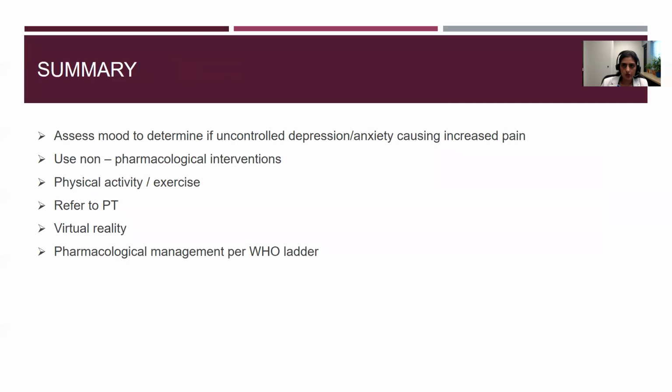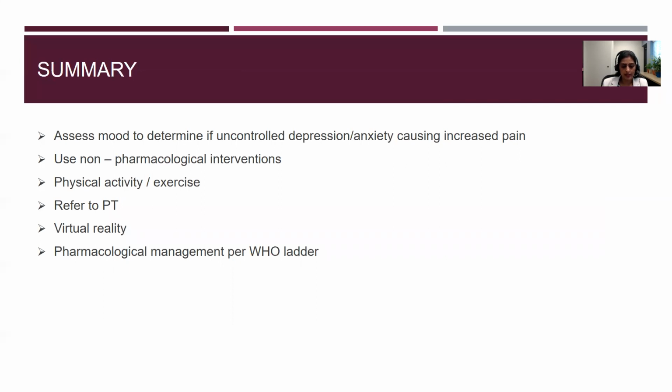So in summary, just going over our discussion, one thing that I will mention is always assess a patient's mood to determine if uncontrolled depression and anxiety is contributing to this increased level of pain if they start having that at all. Use non-pharmacological interventions as first line if possible, which includes physical activity, exercise, and referring to physical therapy.